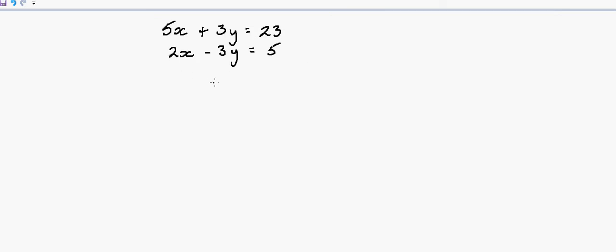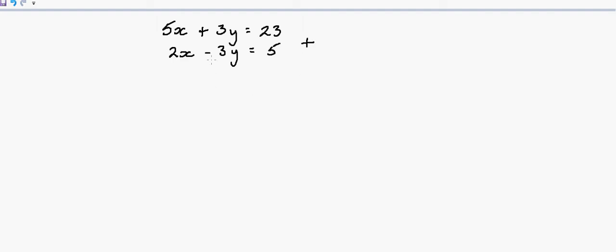Okay, so we've got another one. So make the y's the same. Well, we've got 3y and we've got 3y, so that's fine. Now we want to get rid of them. Now the signs are different. So if I add 3y to minus 3y, the 3y's will disappear. So this time I'm going to add.